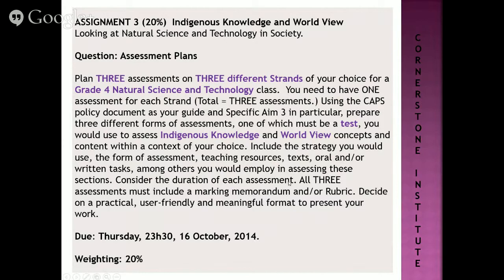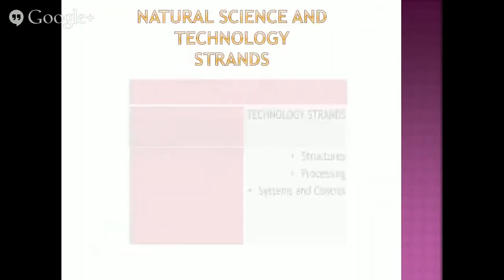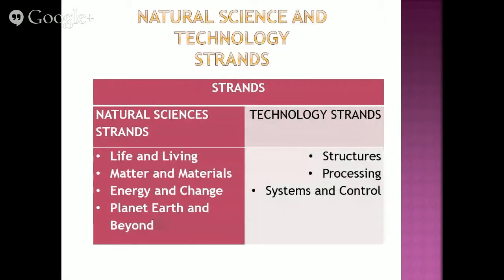In preparation for that, I just want to draw your attention again to the four strands, of which 3 is expected for this assignment. You may choose to do life and living, or matter and materials, energy and change, or planet Earth and beyond.